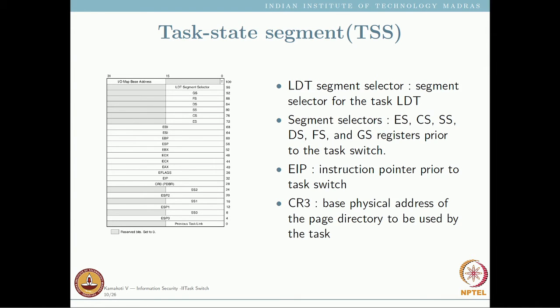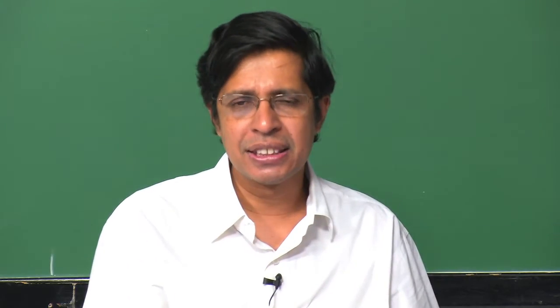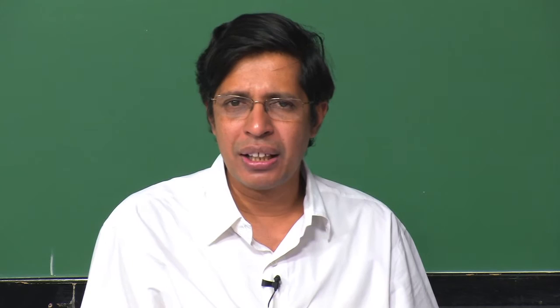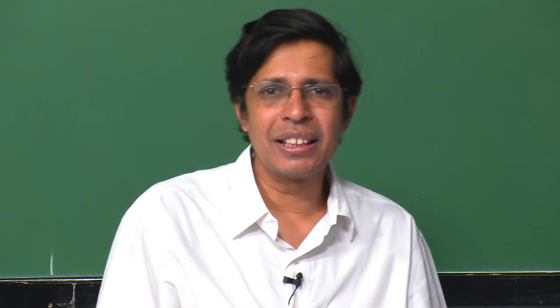Now, let us take a very quick view here, of when the operating system wants to execute a task. You always see in the textbooks that you create a task. What does it mean to create a task? To create a task, which we are going to do as a part of the assignment, what do we do? We create the data segment, the stack segment, the code segment, their LDT, their page table if necessary.